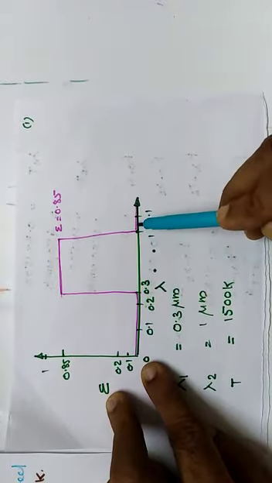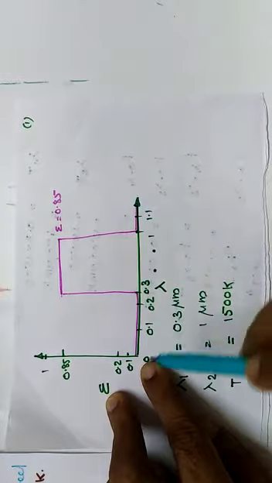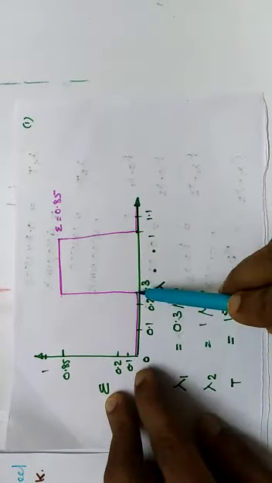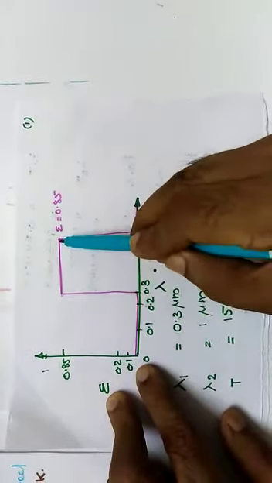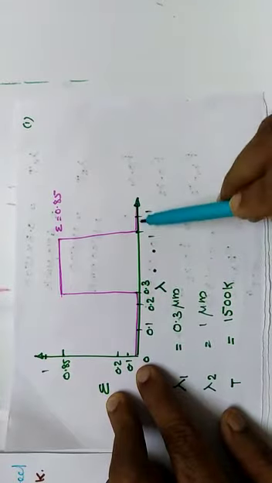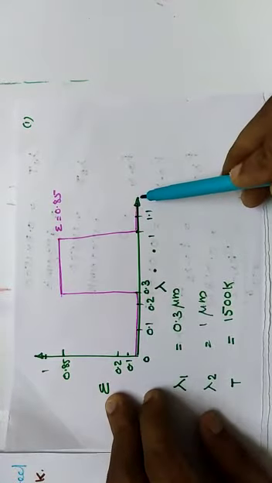If the wavelength is higher than 1 micrometer, then again it will be 0. So epsilon equals 0 in the range 0 to 0.3, epsilon equals 0.85 in the range 0.3 to 1 micrometer, and epsilon equals 0 when lambda is greater than 1 micrometer.